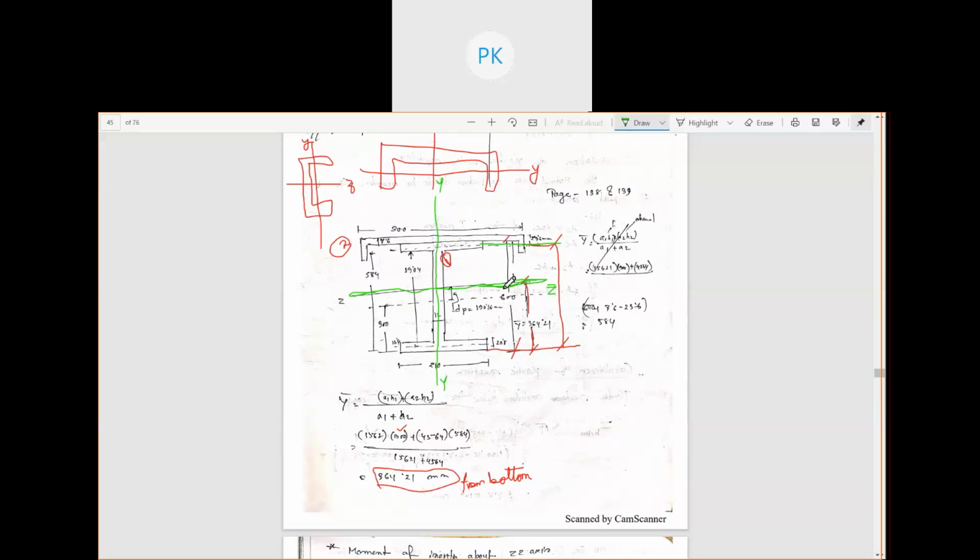What we can do is, if we find this value, from here to the CG of the entire built-up member, how much will that be? The 600 from here to here, from top to bottom of the I section, 600 minus the CG of the built-up member, this one 364.21, we will get this distance from here till here.